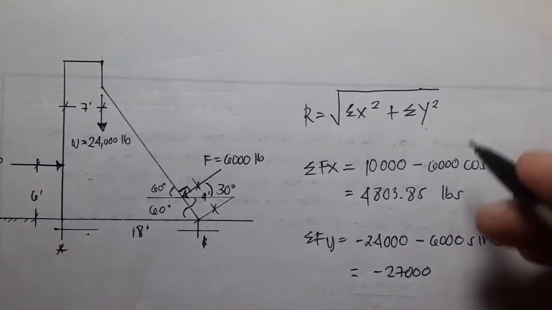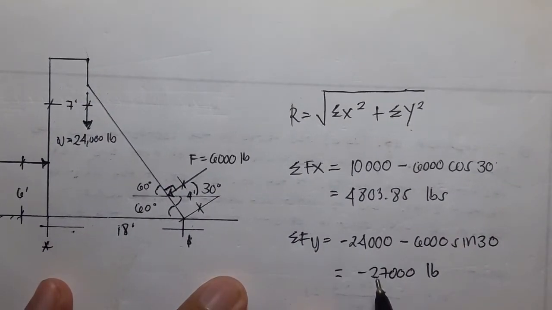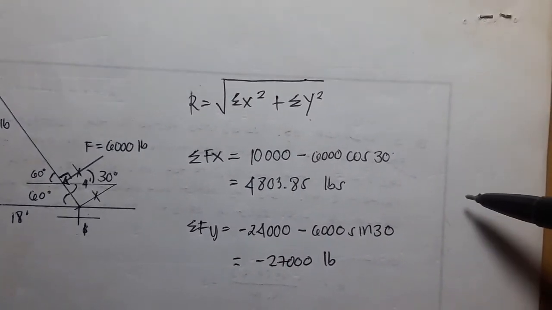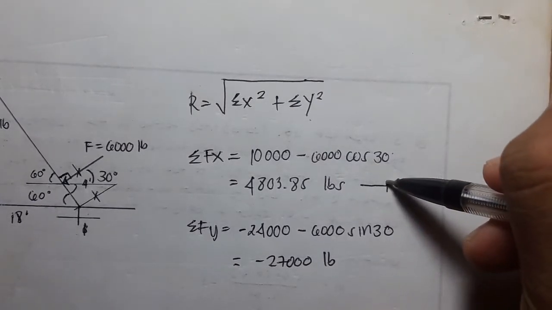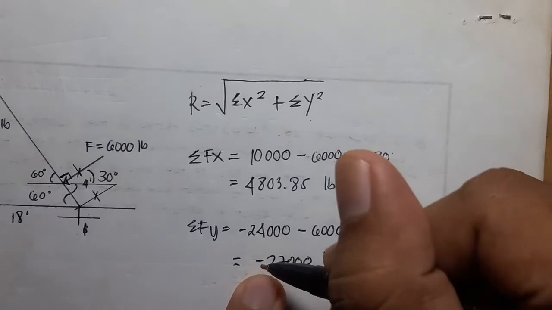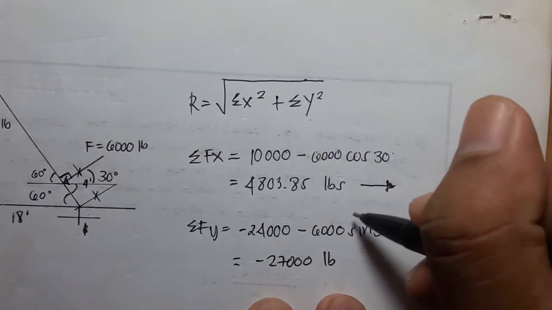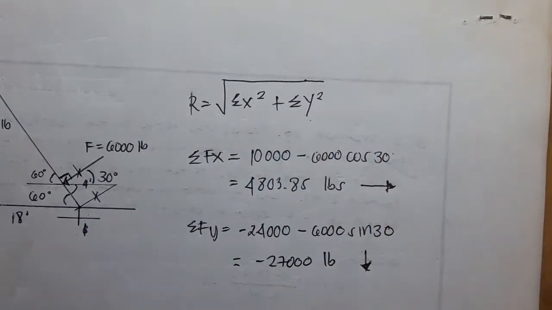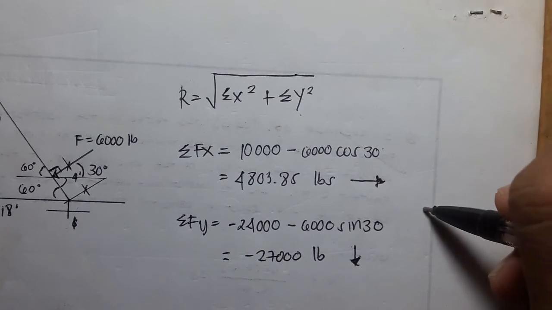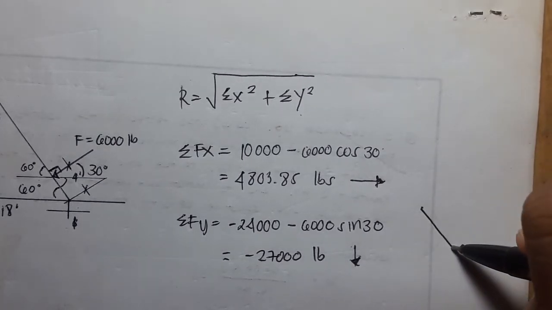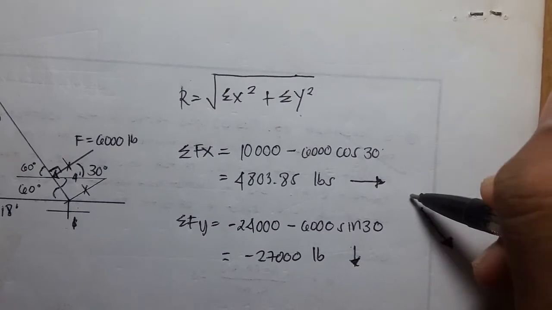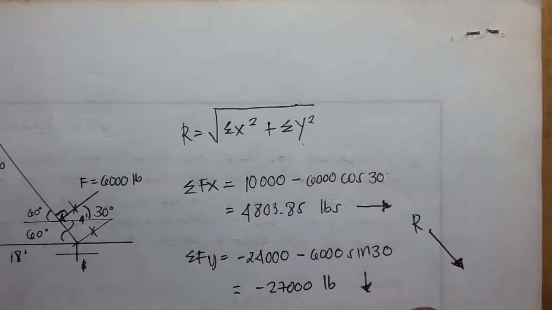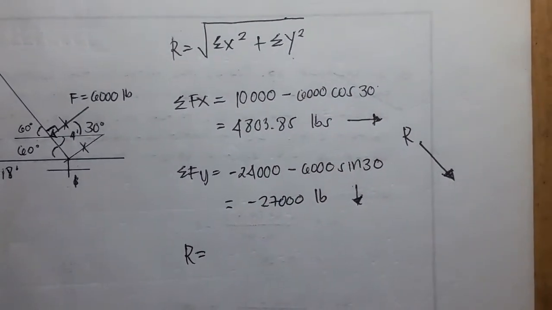Given the sign of these two forces, we can say that the direction of our resultant will be, because the force x is going to the right and the summation of forces y is going down, down right. Now, using this formula, we can solve for the resultant.